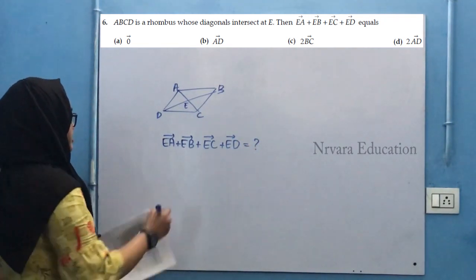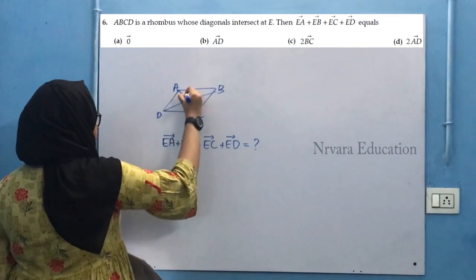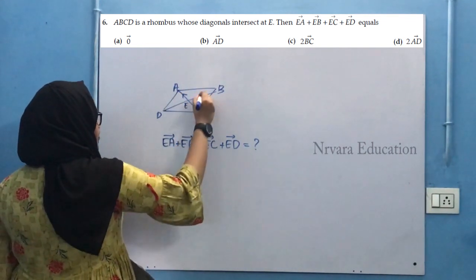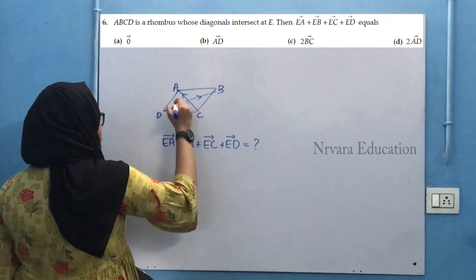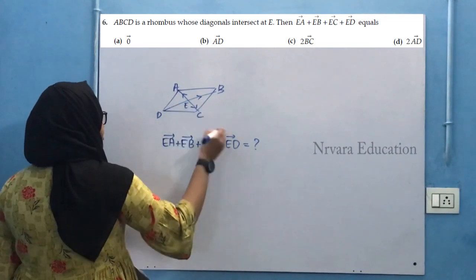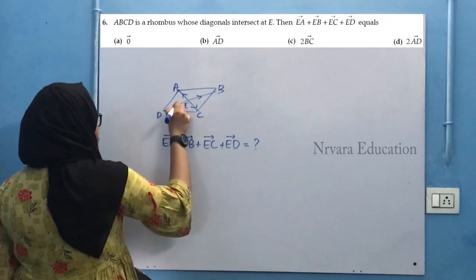So since the vector EA is pointed towards this direction, EB points this way, EC points this way, and ED points this way.